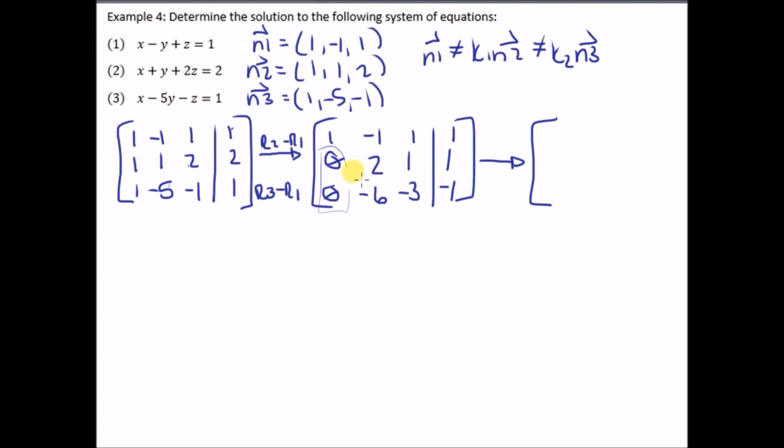Okay, so just please note that all of the numbers in row 3 have negative signs. So what we're actually going to do is row 3 plus 3 of row 2.